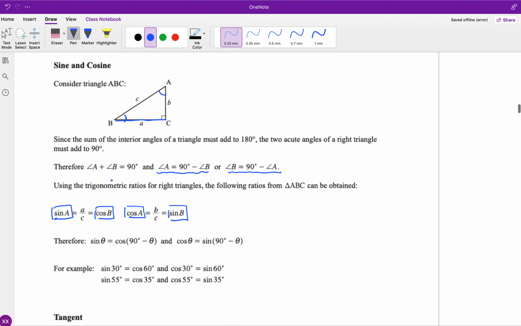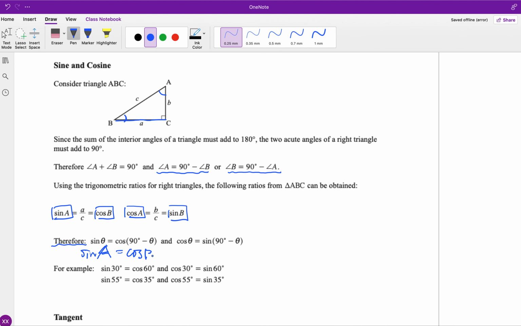Now therefore, what is cosine B? Already said angle B is 90 degrees subtract angle A. This is probably not a good way to write it because we used A and B, but it's the same thing. So sine A will be cosine B, right?